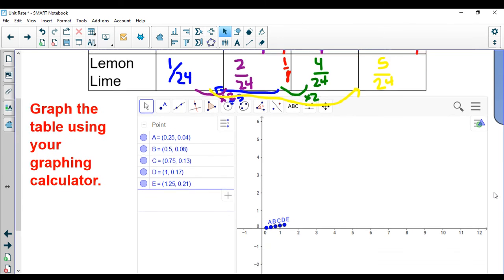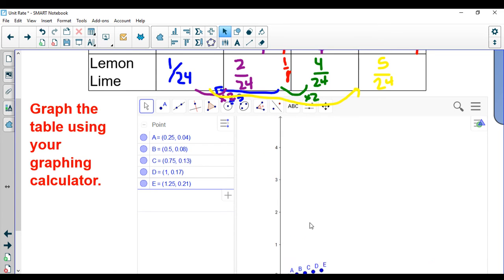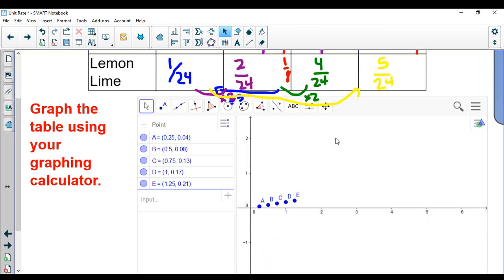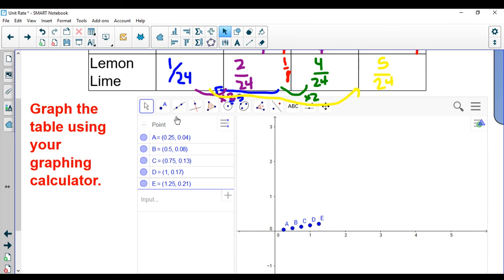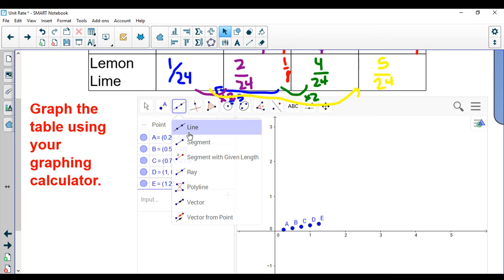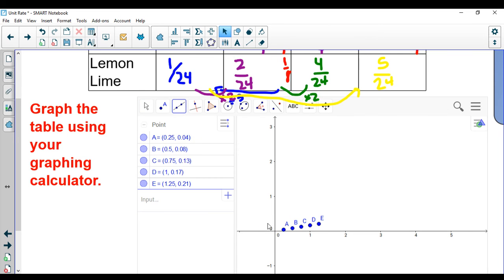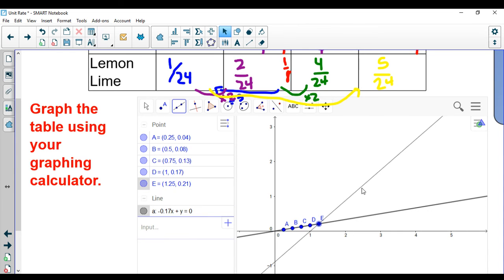So I'm going to scroll down a little bit. If I zoom in a little bit and drag this to where you can see it, I can add a line to go through all of my points. And all right, so there is my line. And I want you to notice a couple of things.